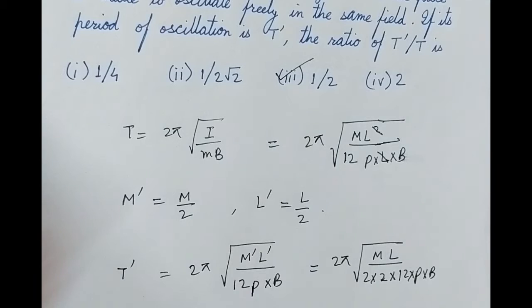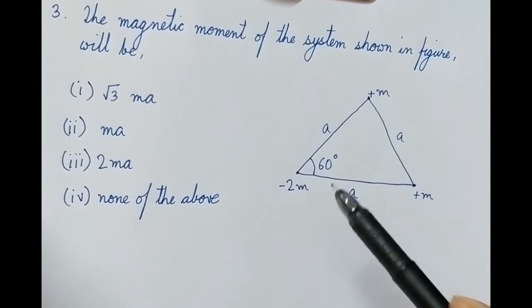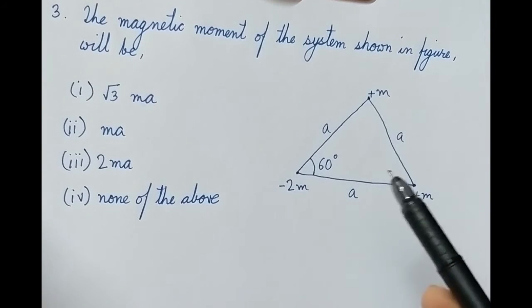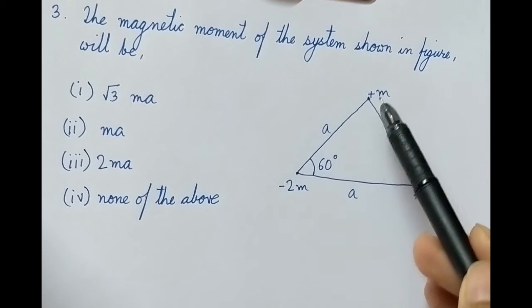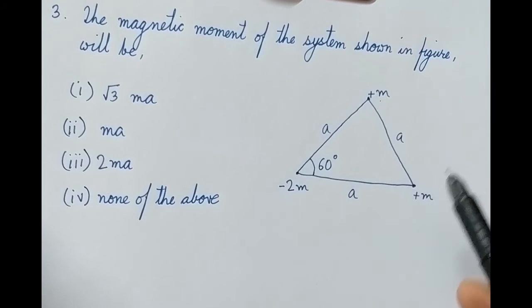Let's move to the next one. Generally, when we have magnetic moments, we have two poles. It exists as a dipole, but here we have three poles, one with positive m, and another with minus 2m.